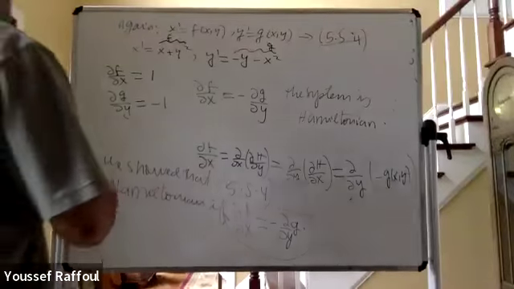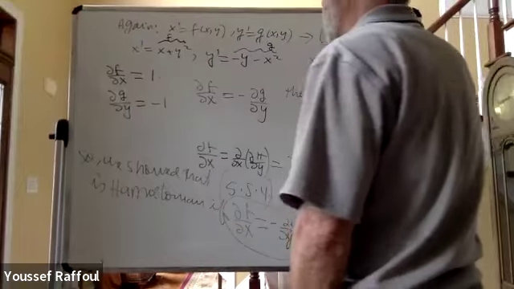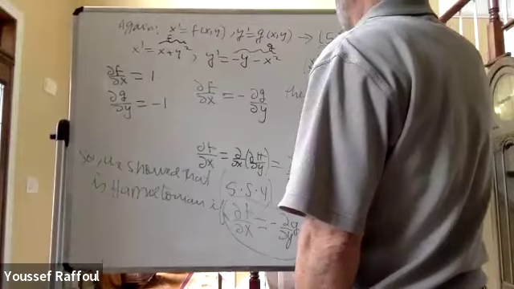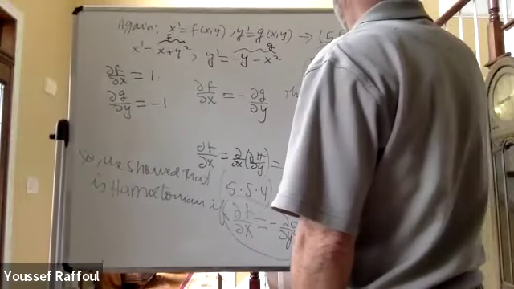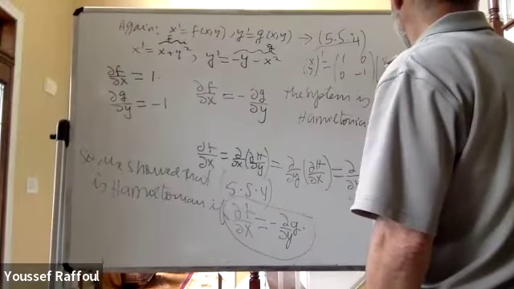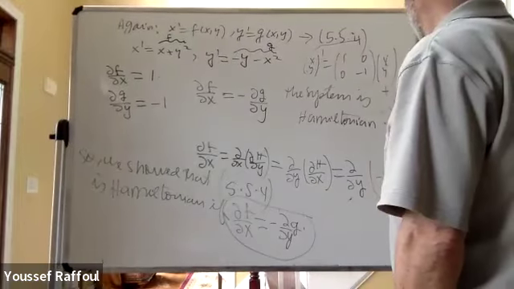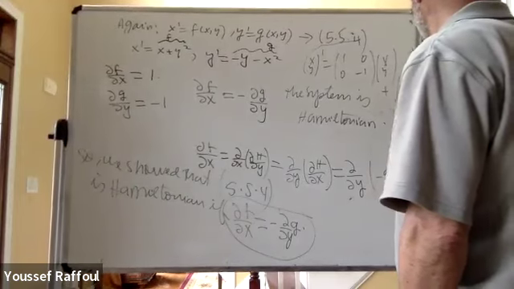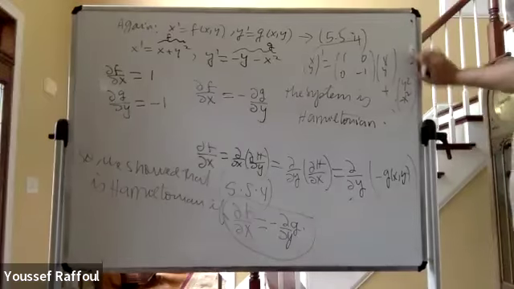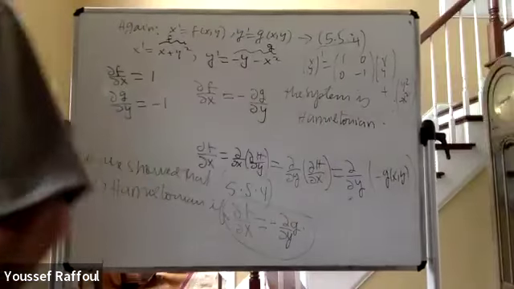Now we can write this system, x,y prime, as the matrix 1, 0, 0, minus 1 times x,y, plus y squared, minus x squared. I can write it like this. We will study this later. Some students who had me last semester, we talked about this system.